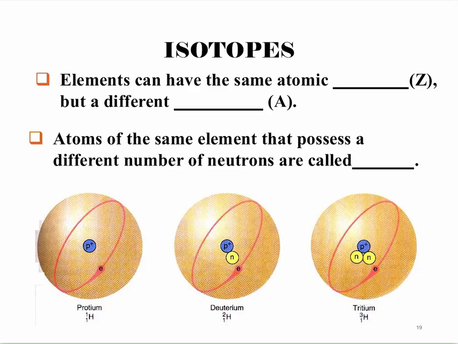And we can have things called isotopes. These are going to have the same atomic number, meaning that they're going to have the same number of protons, but a different mass number. And these are going to be called isotopes.